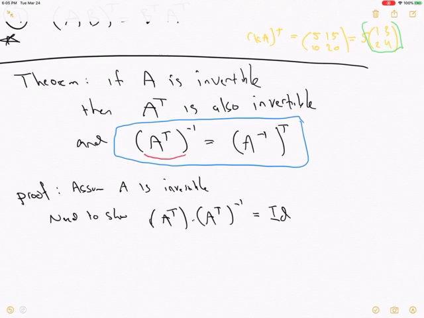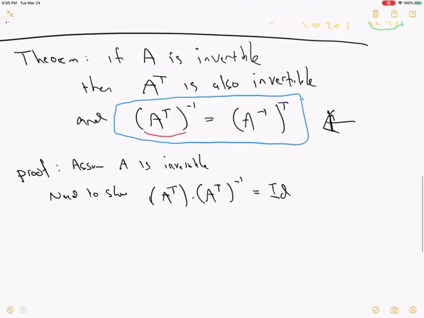And so if we take this as a definition for what the inverse of the transpose should be, then we want to show that A transpose times the transpose of A inverse. So that our goal is, that's what we want.